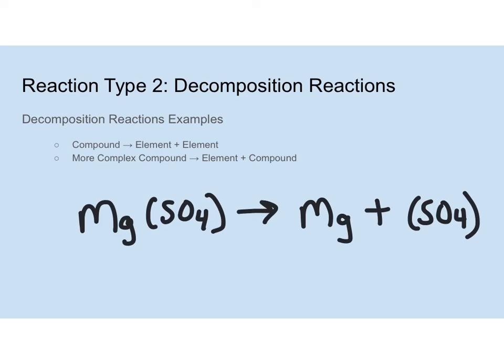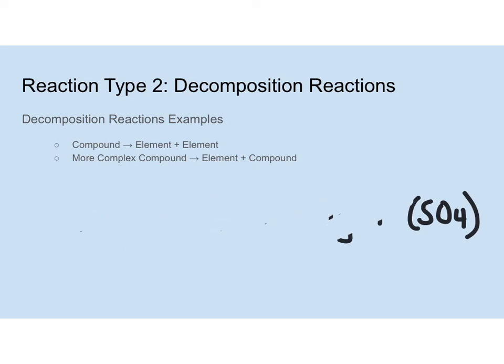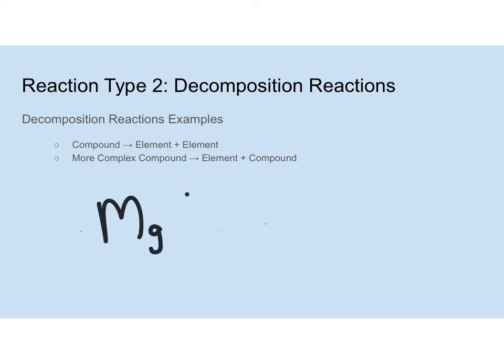Now, what I don't want to see is, I'm going to give you another example here, because there is another common mistake that people sometimes make. So let's do an example like this. If I had something like MgOH2, again, I did the crisscross rule, and that's why there's a 2 down there, because Mg has a 2 plus.